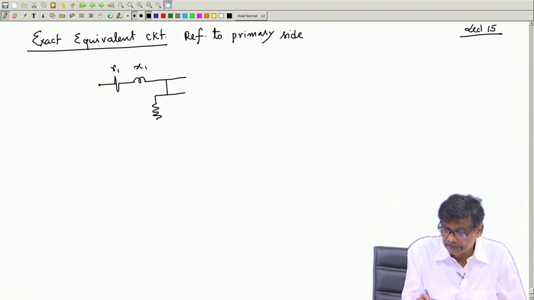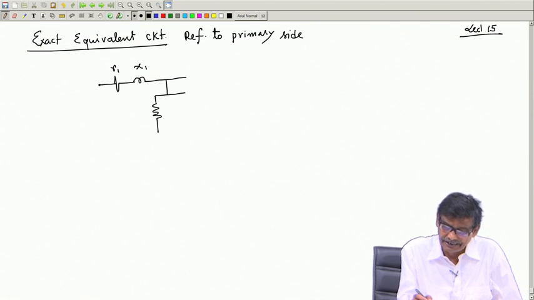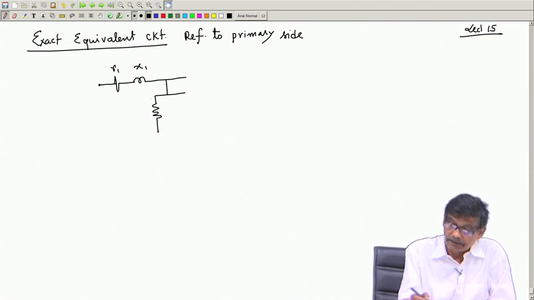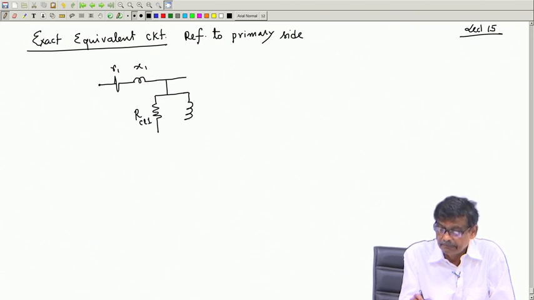One is this resistance, I am showing by several lines, indicating that it will be high. V square by R will be this power, and this I will call R core loss, referred to primary side 1, and here is the magnetizing branch of reactance j XM1.